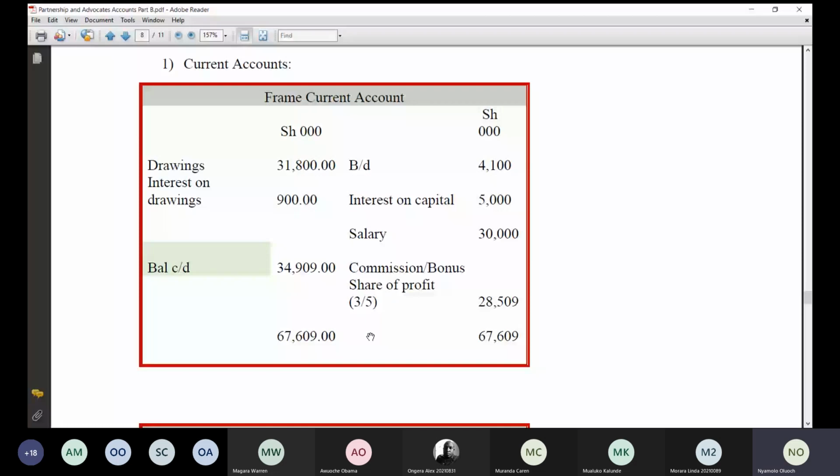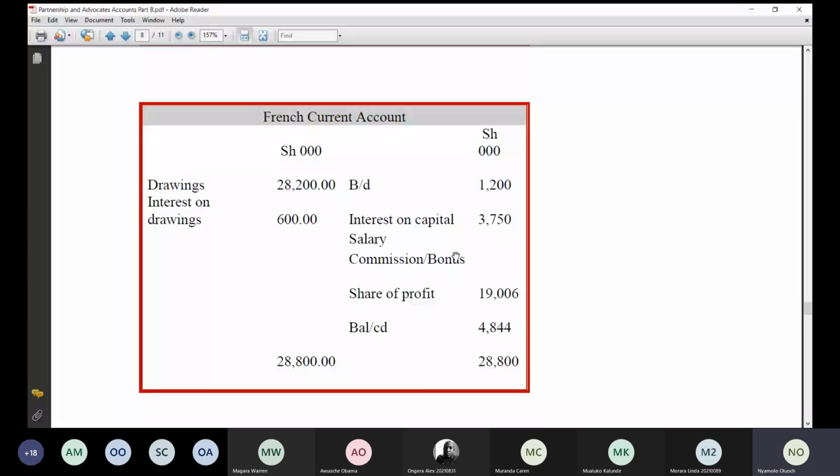For French, he had a balance brought down of 1,200, paid him interest on capital at 3750. He didn't have a salary, but his share of profit was 19,006. So if you look at his debit side, 28 plus 600, his debit side is more than the credit side, meaning that he overdrew his account.